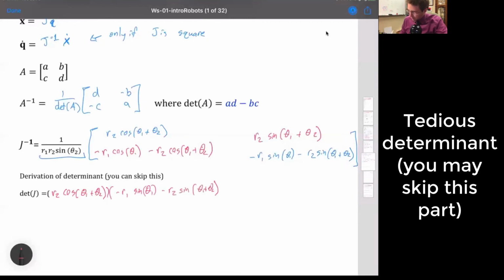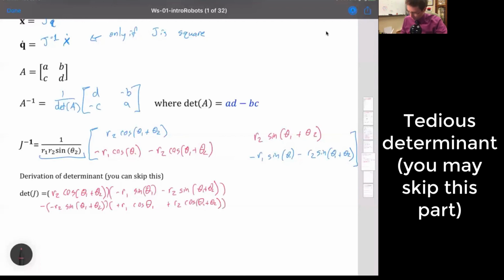It's our first term. Our second term is going to be minus negative R2 sine theta 1 plus theta 2 quantity times plus R1 cosine theta 1 plus R2 cosine theta 1 plus theta 2.